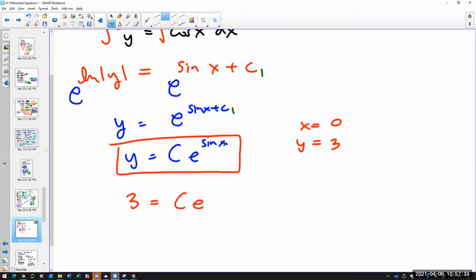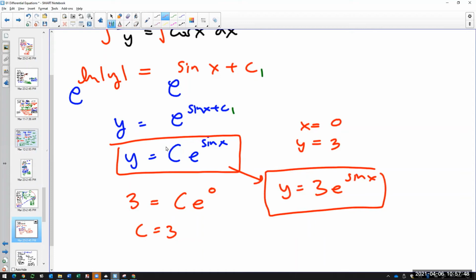Everywhere there's an x, I'm going to put in 0. But do you see that that's just sine 0, which is 0? What's e to the 0, guys? 1. So c is going to be equal to 3. So my answer is y is equal to 3e to the sine x. What other questions do you guys have?